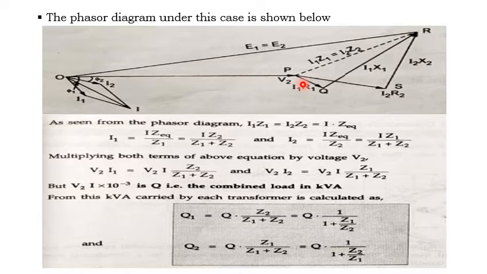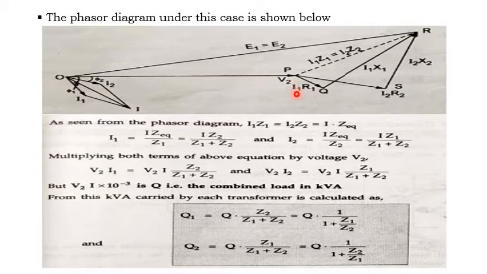In a pure resistive circuit, the voltage drop is in phase with the current. Here the current is the I1 current, not the I2 current.